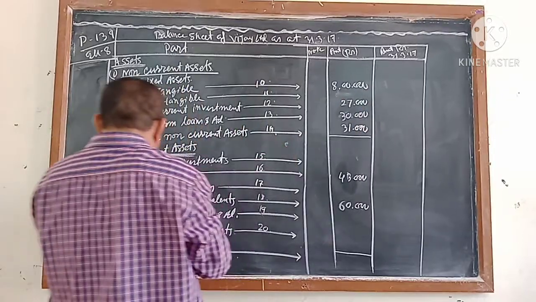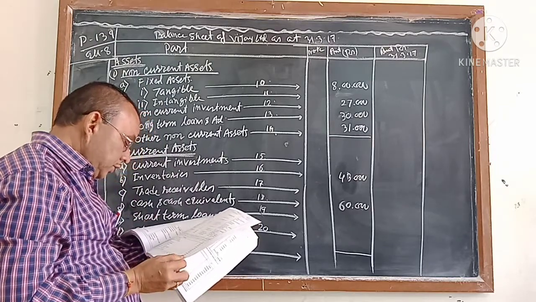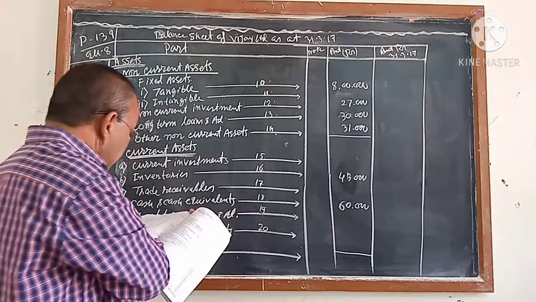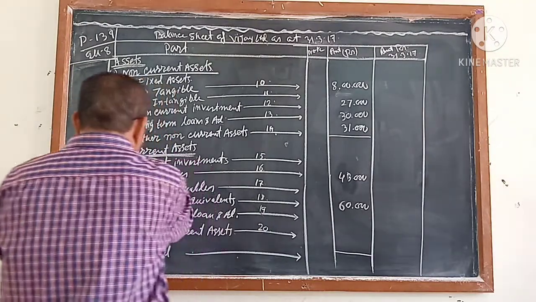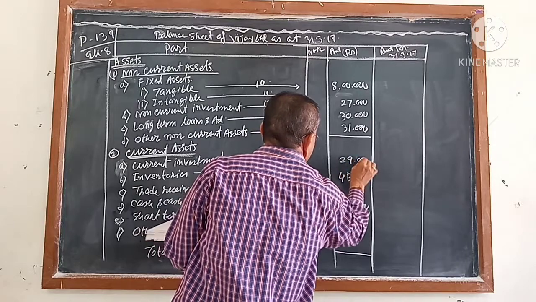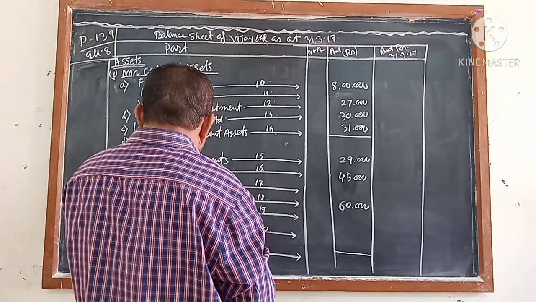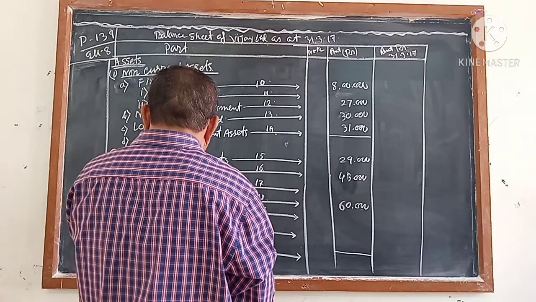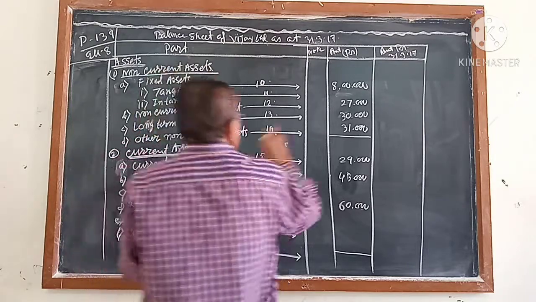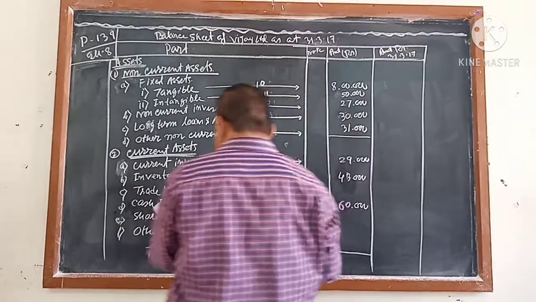So one more is left. Next is coming current investment 29,000. Current investment. Where are we getting current investment? 29,000. Like that, one by one I am not telling. There you will get the tangible assets 50,000. You will get it. Tangible assets 50,000. That also you will get it.